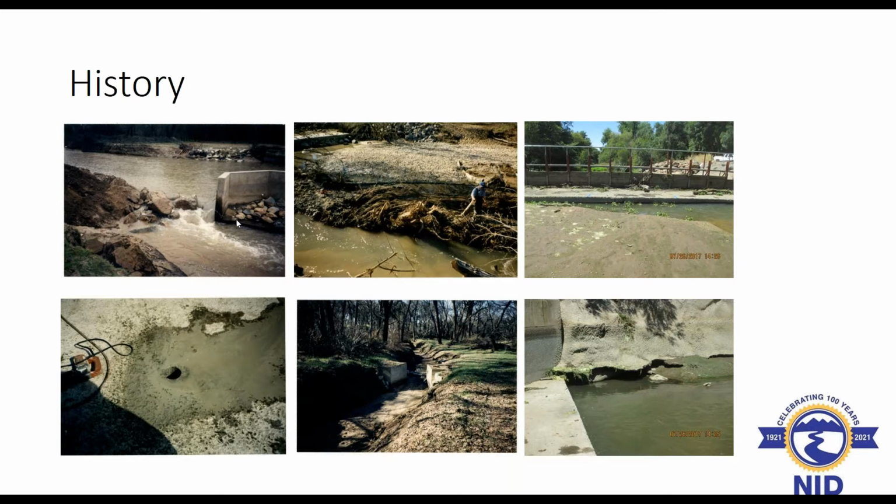So I spoke a little bit about our history of needing repairs. We've had several flood events. One flood event actually went around each of our head structures, causing considerable damage, causing siltation in this photo. We've had other repairs where we've actually had to fill in with grout because we're finding voids in the dam itself.